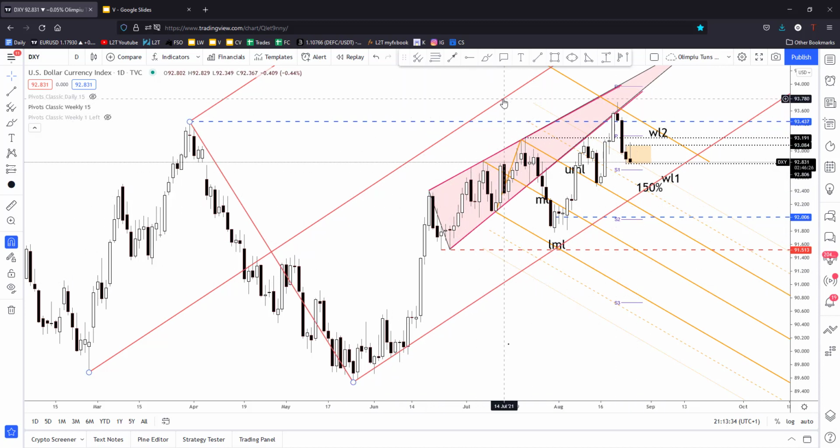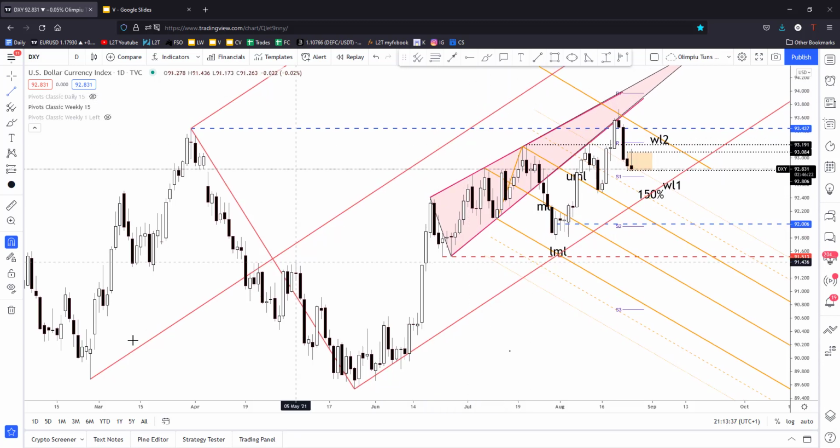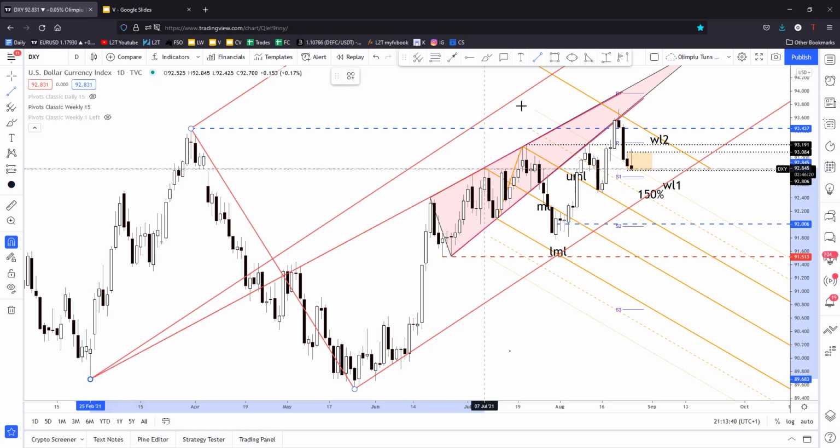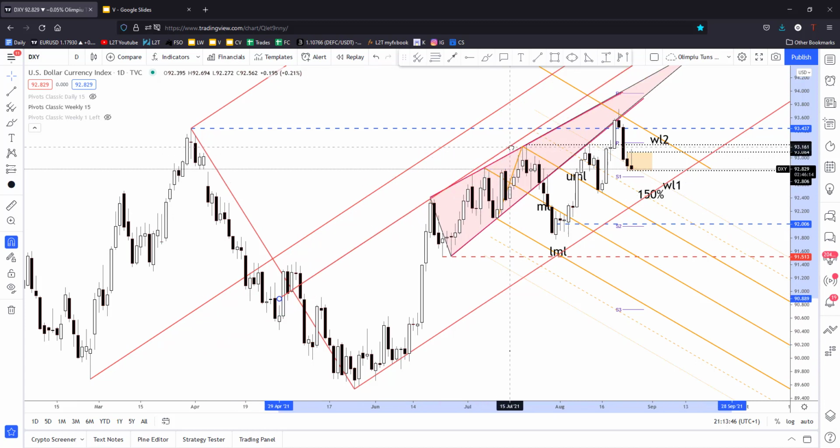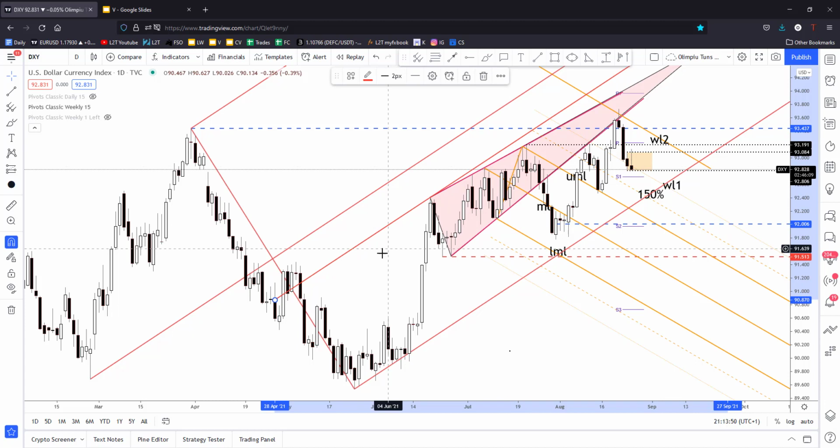Failing to reach the medium line has signaled that the DXY could be overbought and could turn to the downside in the short term. And here we can place something like an inside sliding parallel line.